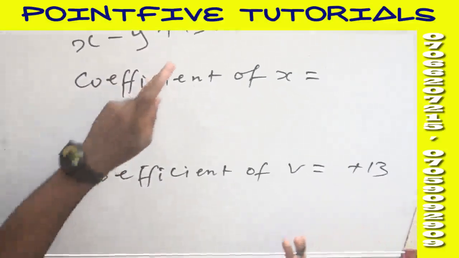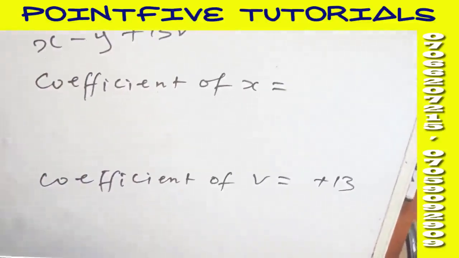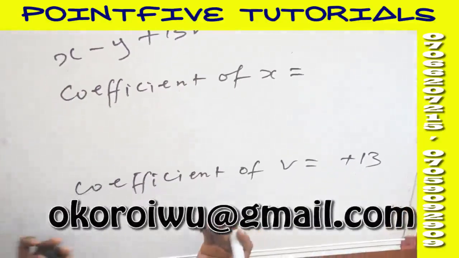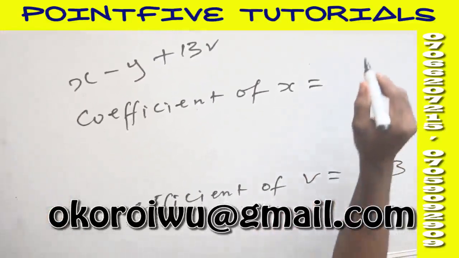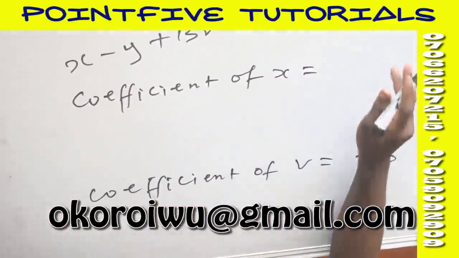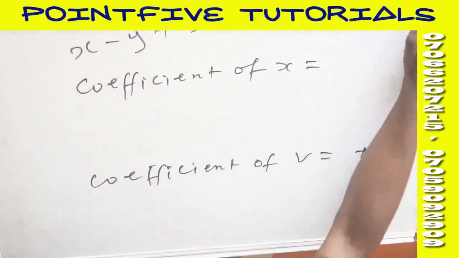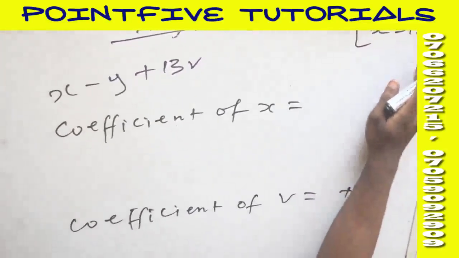So plus 13 is the coefficient of v. But if you go back to x, you don't see any number that is attached to x. When you don't see a number, in mathematics, it means that 1 is the coefficient. So this x is the same thing as saying 1x.